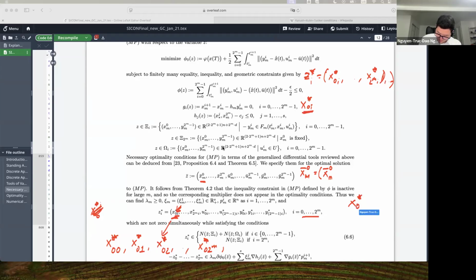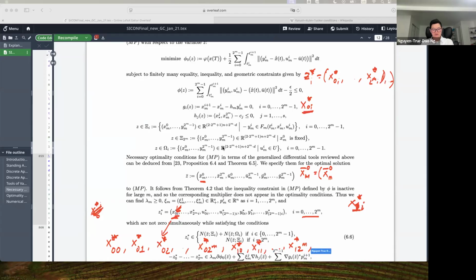Because this is x star 0i, the next number will be x star 1i, and then the next will be x star 2i. So you have to keep writing it. X star 1i is going to be x star 1,0, x star 1,1 until x star 1,2^m.